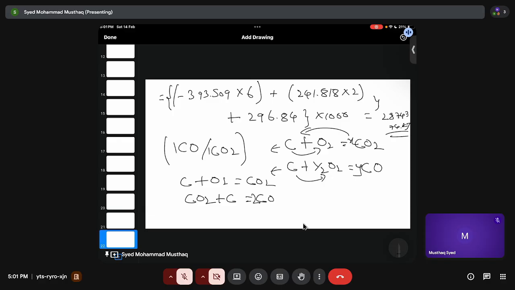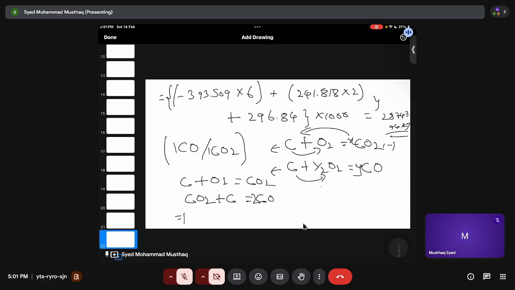What you do is you just reverse this reaction and then add it. So carbon will go away, and you will be left with oxygen. Yeah, this is one reaction. Now let's write it in terms of enthalpy ratio.